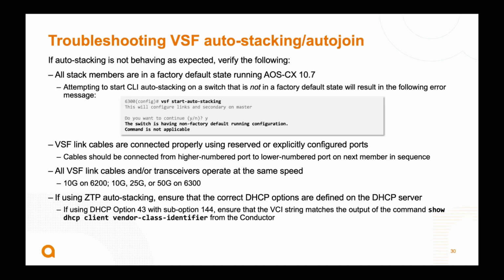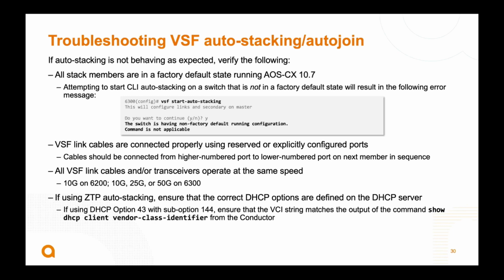So for the 6200, that means 10 gig only. For the 6300, that's either 10 gig, 25 gig, or 50 gig. But all of your links have to be the same speed. So if you're using 50 gig DACs, all switches have to use those same 50 gig DACs. Same with 25 gig DACs or transceivers, or 10 gig DACs and transceivers.